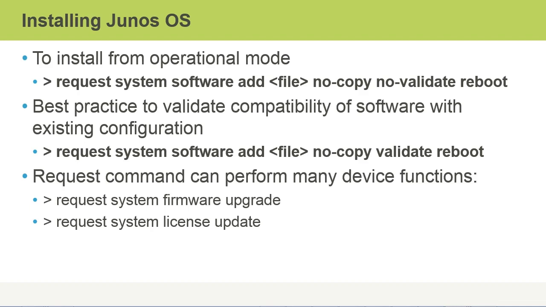It will prompt you to verify that you do want to perform the firmware upgrade, but it's definitely a great thing to do before installing your new operating system. Maybe look at upgrading the firmware on the device itself. Also, you can update the licenses from the license server with the request system license update command. Again, these are both operational mode commands.